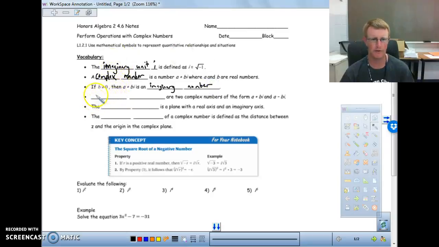And then the last one we're going to talk about is complex conjugates. So in the last section we talked about conjugates. Complex conjugates are the exact same thing, except they deal with imaginary numbers instead. And we're not going to talk about these last two.